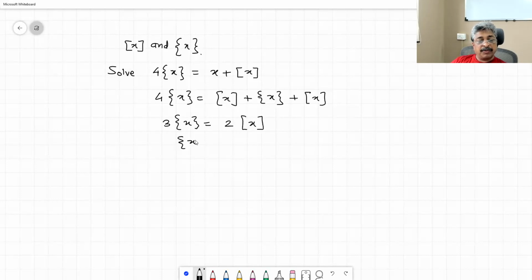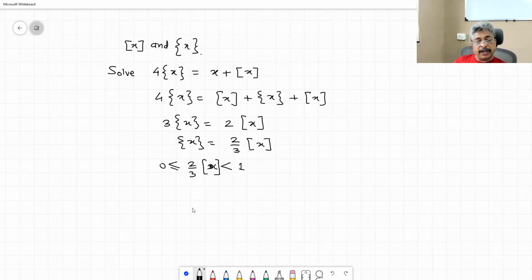Hence the fractional part of x is equal to 2 by 3 times the greatest integer x. Now we know that the fractional part of x is between 0 to 1, with equality at 0.